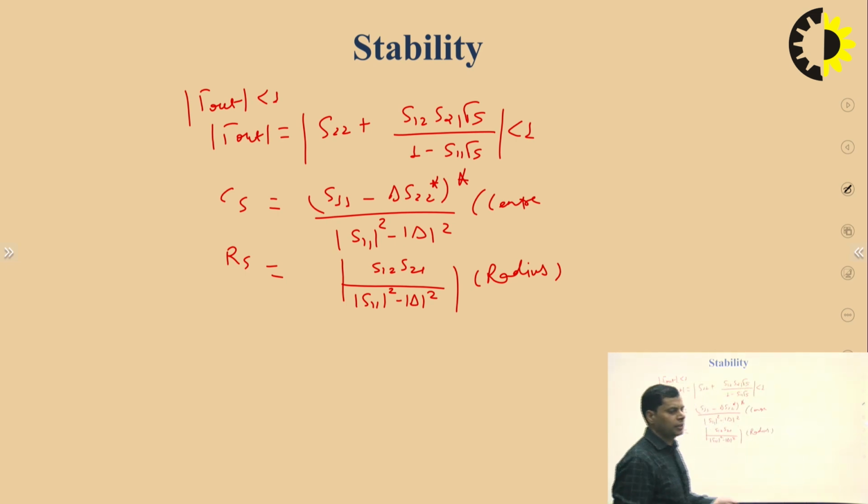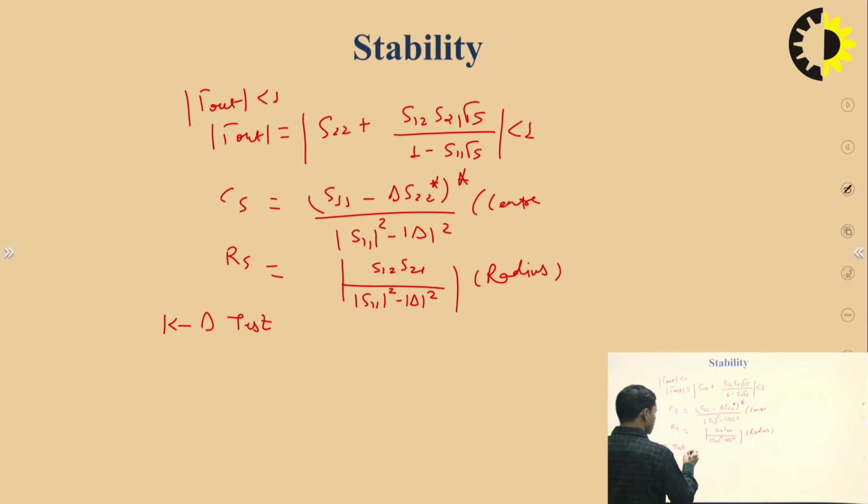One another thing that we can do to check this stability condition is to use the K delta test. This is also an easy approach to find out the K delta stability of the transistor, where we have to find out the value of K and del.